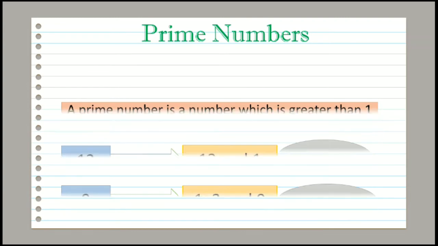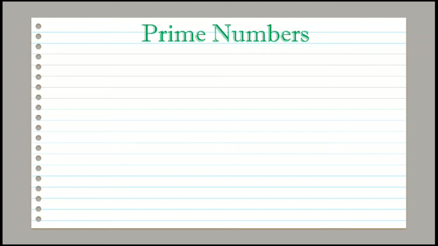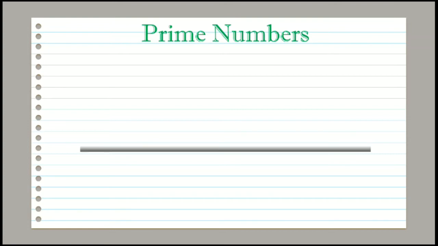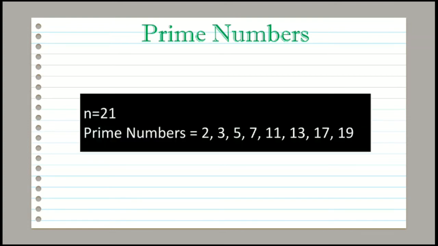So in our given problem, we have to find the prime numbers between 1 to n. Suppose the value of n is 21, then we have to find the prime numbers present between 1 to 21. As per definition, 1 is not a prime number. Then 2, 3, 5, 7, 11, 13, 17 and 19 are the prime numbers between 1 to 21.